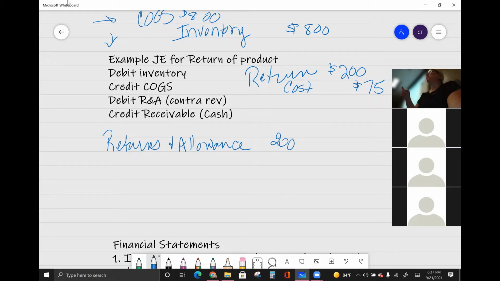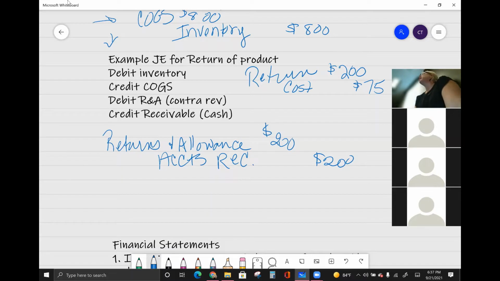Now I also need to reduce their receivable, because I'm showing they have an accounts receivable for $1,000. They're no longer going to owe me $1,000 if they return the $200. So I'm going to credit the accounts receivable account $200. So now they only owe me $800.